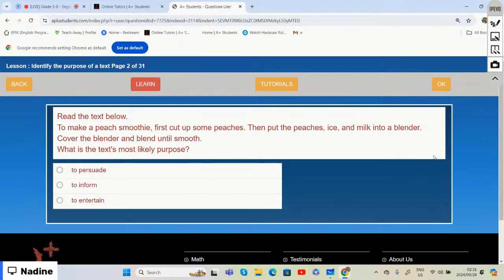So it says, to make a peach smoothie, first cut up some peaches, then put the peaches, ice, and milk into a blender, cover the blender, and blend until smooth. What is the purpose of that text? Is it to persuade us, to inform us, or to entertain us? Which one is correct?